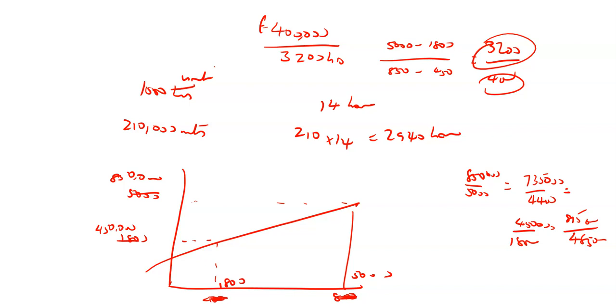And in terms of my hours, 5,000 minus 1,800 is 3,200. So this is correct. So 400,000 divided by 3,200 gives us 125.